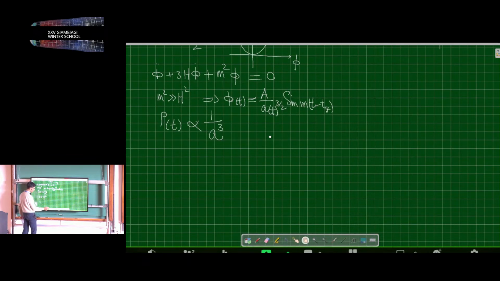It's enough to have a small coupling between this phi field and the standard model to transfer efficiently this energy in the inflaton into the standard model, and then the standard model is interacting, so that energy will thermalize and you will get radiation domination.